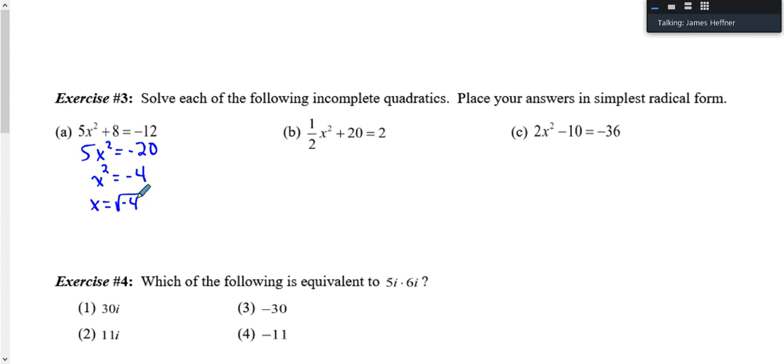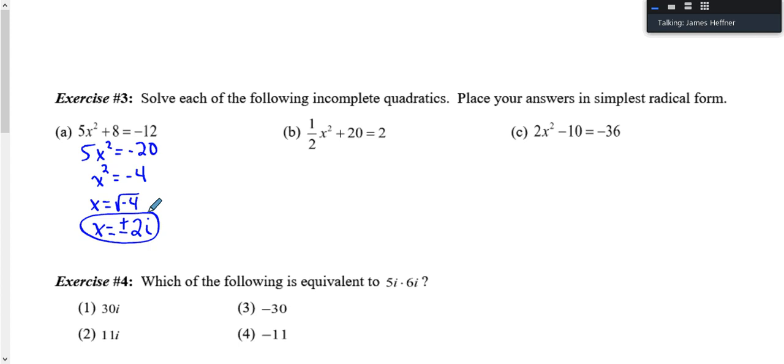So what's the square root of 4? Plus or minus 2, what? i. There you go. We now have a solution to an equation that we couldn't solve previously. Plus or minus 2i. All right?